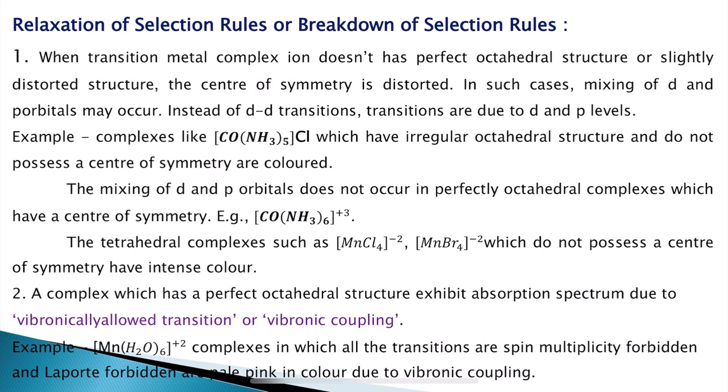So allowed transitions involve promotion of electrons without change of spin. Okay. Such transitions which violate the rules are called forbidden transitions.